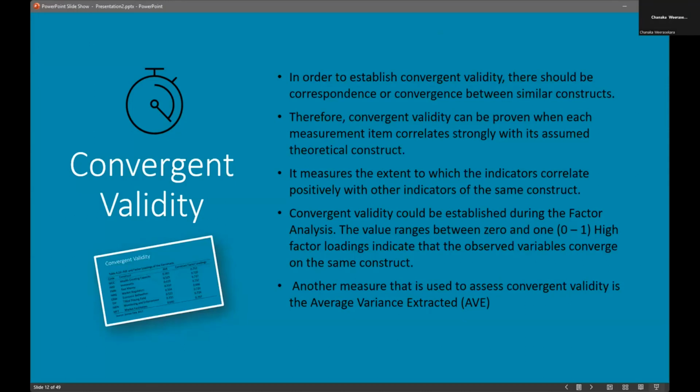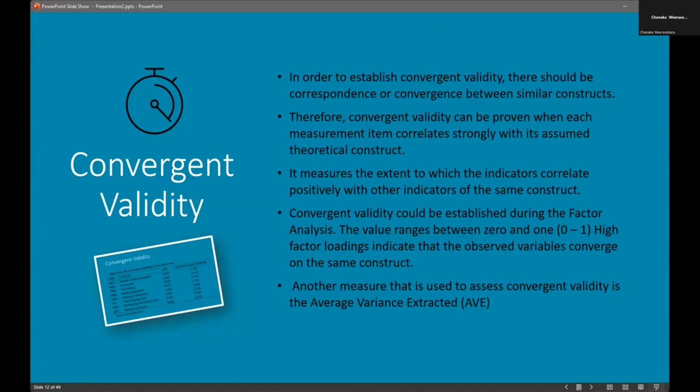For example, if you are measuring the adoption of online banking, and you ask, let's say, 5 questions, all these 5 questions should be directed towards the adoption of online banking. So those things need to have some common direction.